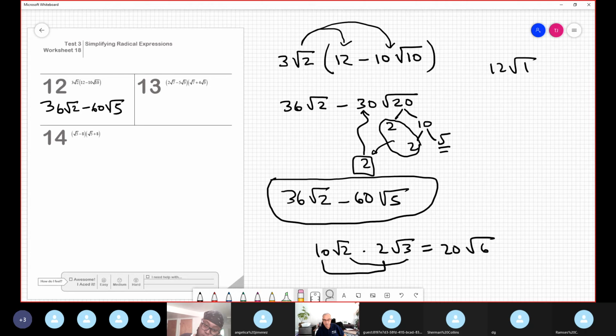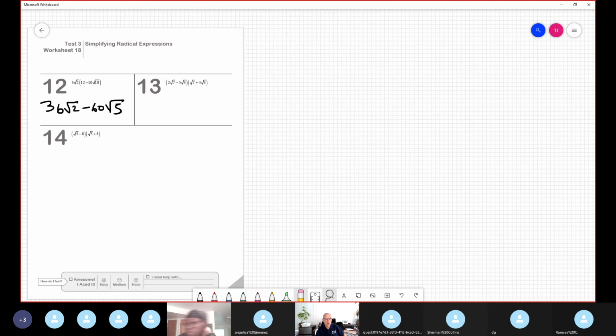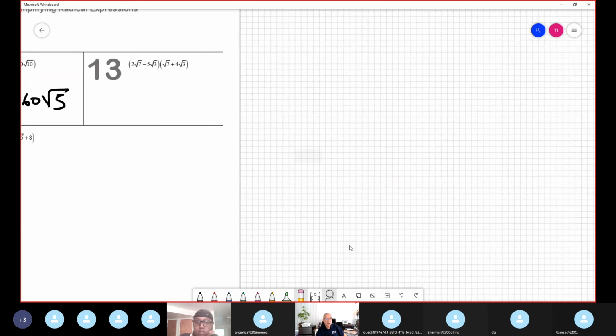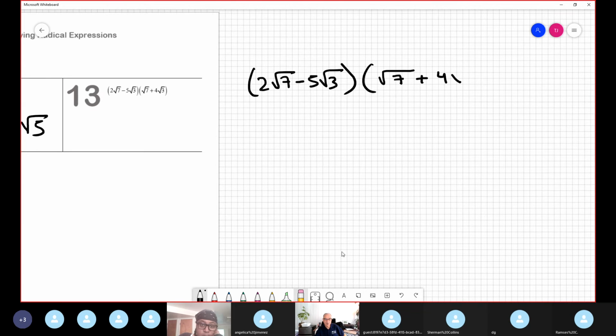The next is a binomial. 2 radical 7 parenthesis 2 radical 7 minus 5 radical 3, times radical 7 plus 4 radical 3, and you FOIL.